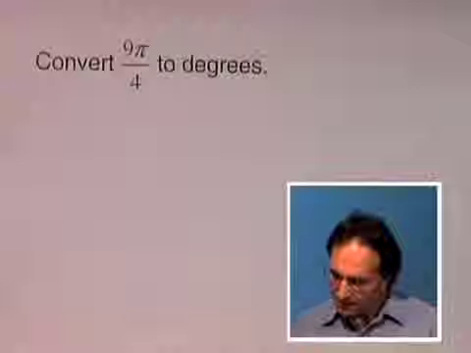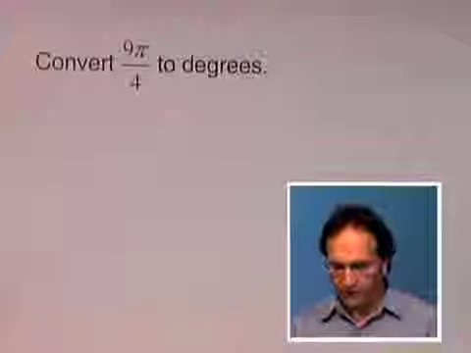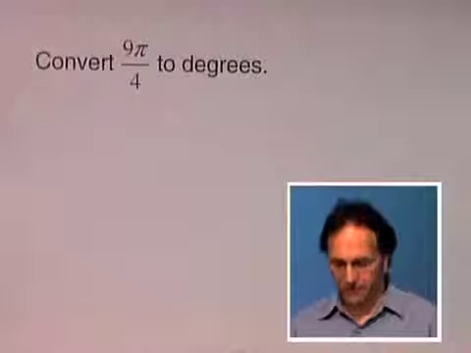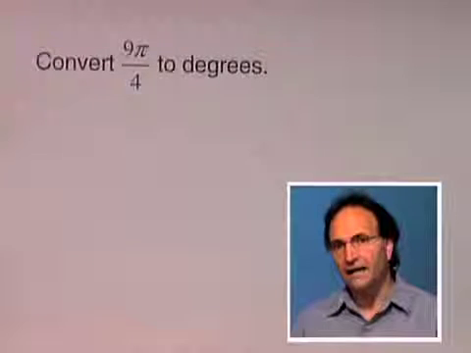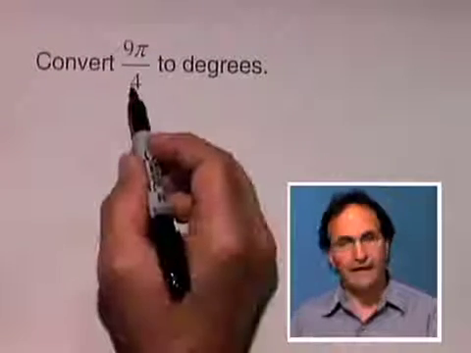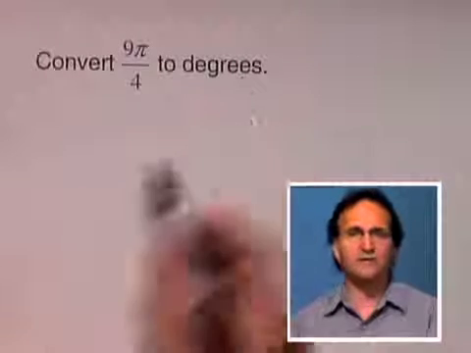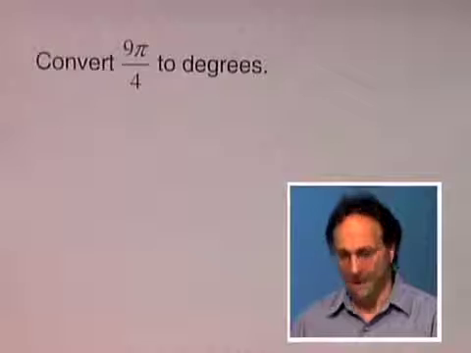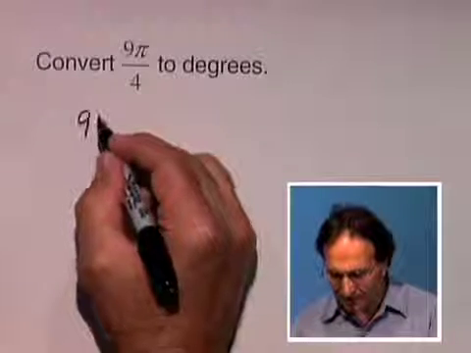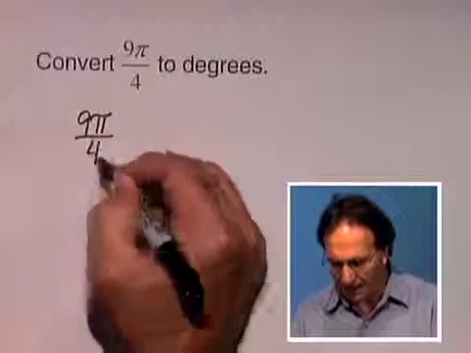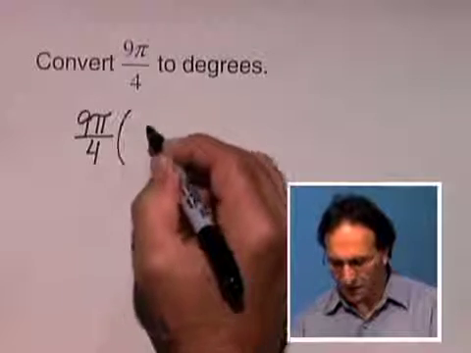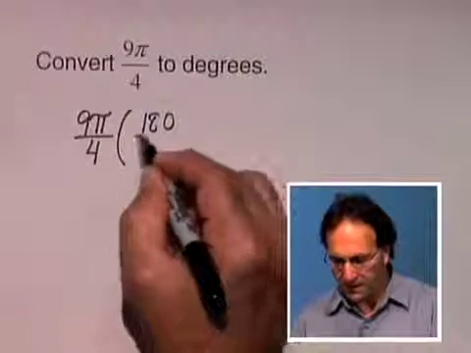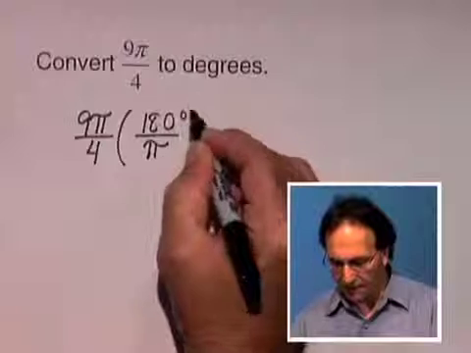In this example, we'll be converting radians to degrees. Convert 9 pi over 4 radians to degrees. The conversion factor for changing from radians to degrees is to multiply by 180 over pi. So we take and multiply 9 pi over 4 times 180 over pi degrees.